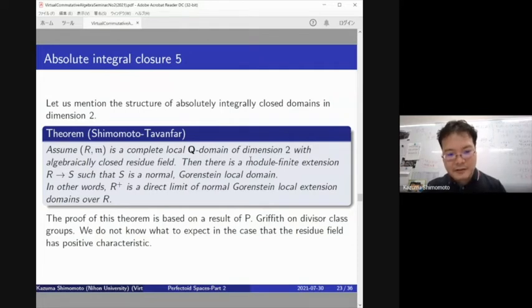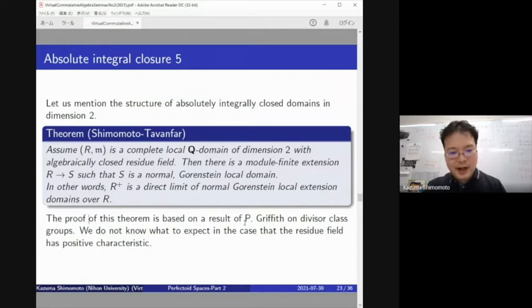So this is characteristic 0. Then there is a module-finite extension of R to S such that S is a normal Gorenstein local domain. In other words, in dimension 2, R plus is a direct limit of normal Gorenstein local extension domains over R. And the proof uses some classical results by Phil Griffith on divisor class groups.